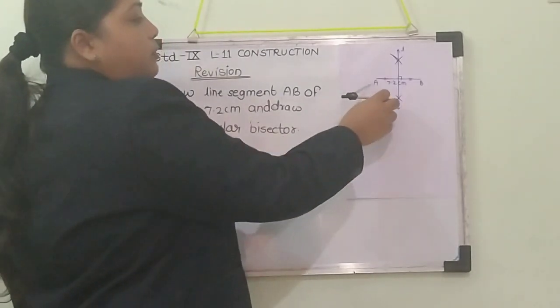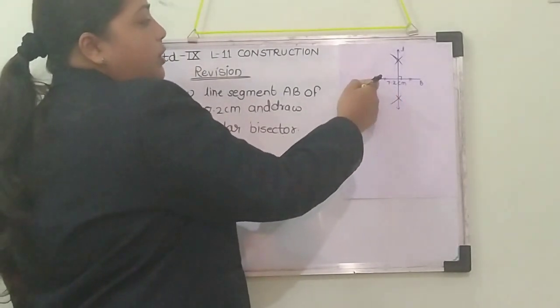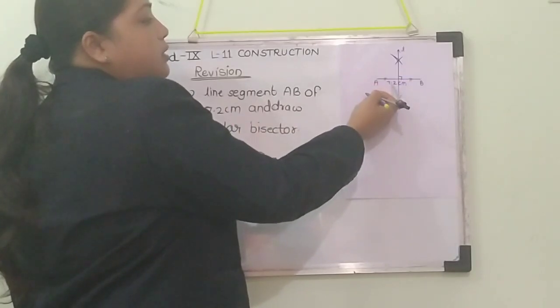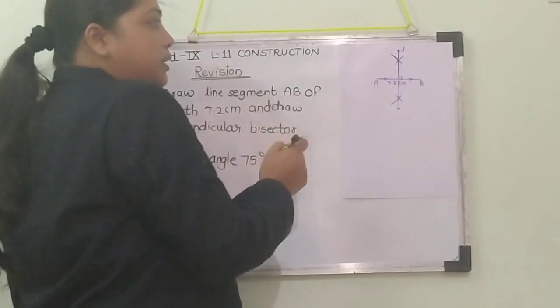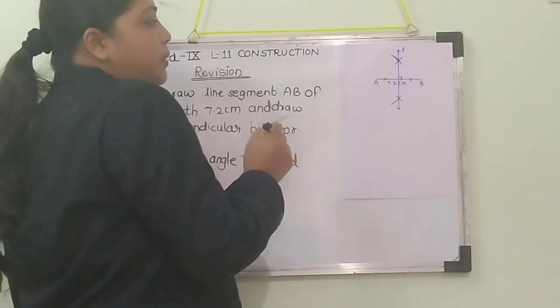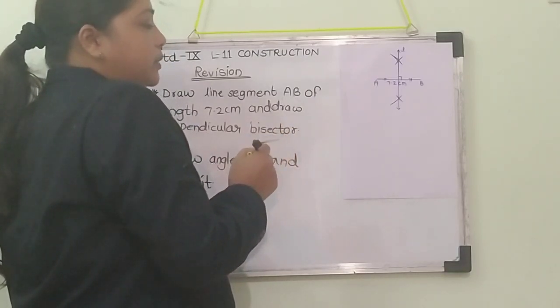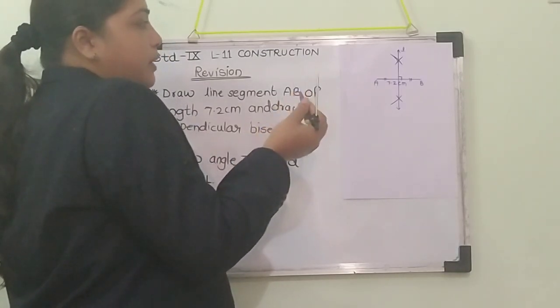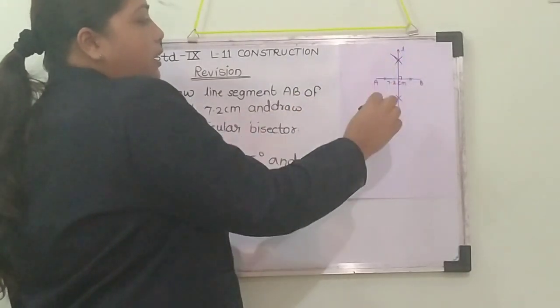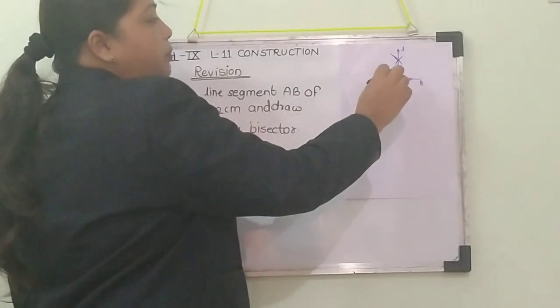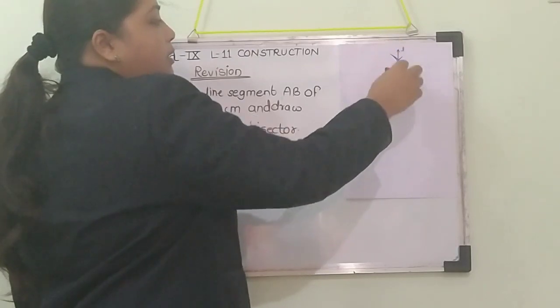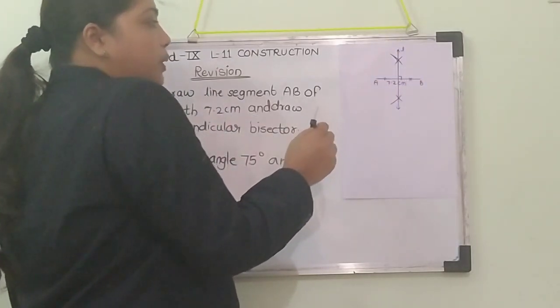See here, first what we did: we drew AB, which is 7.2 cm. Then in our compass we take more than half the distance, and from point A we mark the arc above and below.